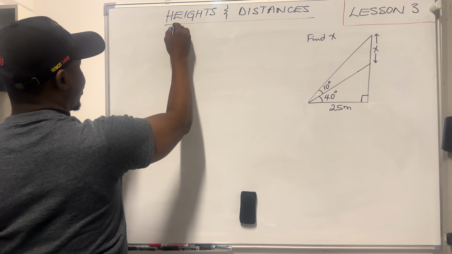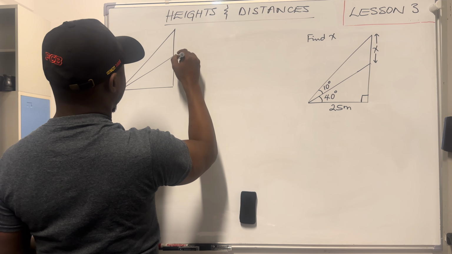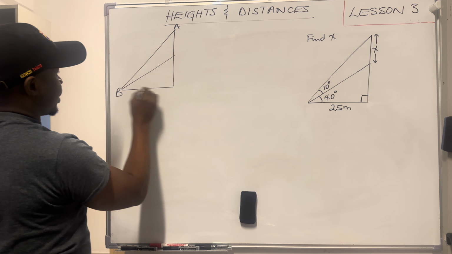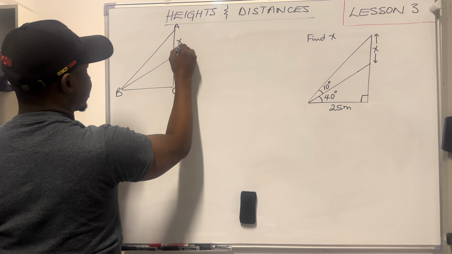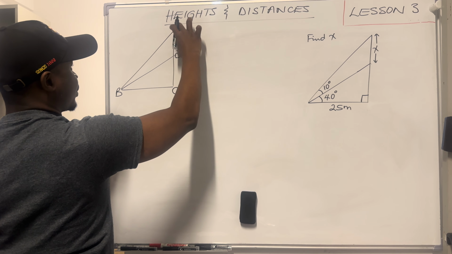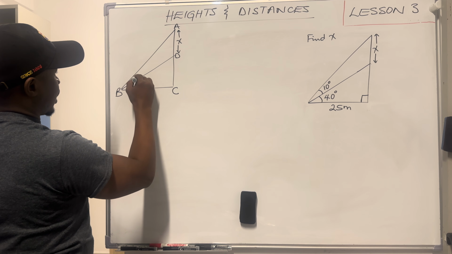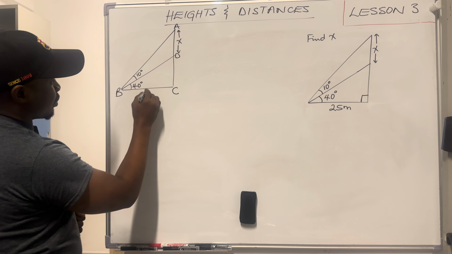Okay, so first of all, here is a triangle. We can help by identifying A, B, C, D. Here is x, which we want, the length of this. So this is 40. Here is 10 degrees. And this is 25.